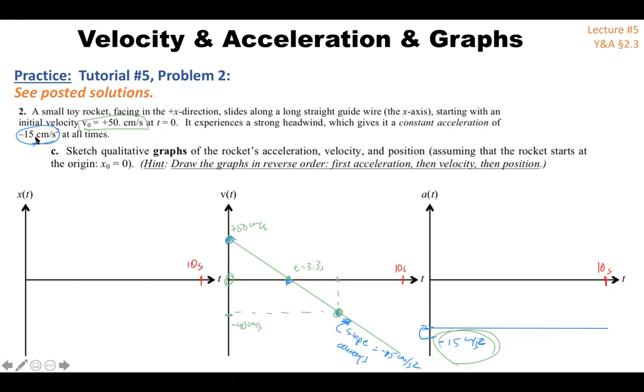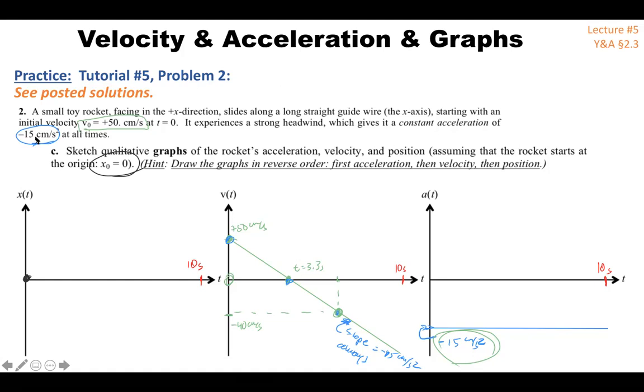Let's call the rocket's starting position the origin, because we haven't needed that until this point. I never mentioned until now what the rocket's position is at any moment in time. So let's say it starts at the origin. Then that's the only position we know at this point. We haven't calculated its position at any other time, nor have we learned formulas to do that yet, although we will in the next lecture.